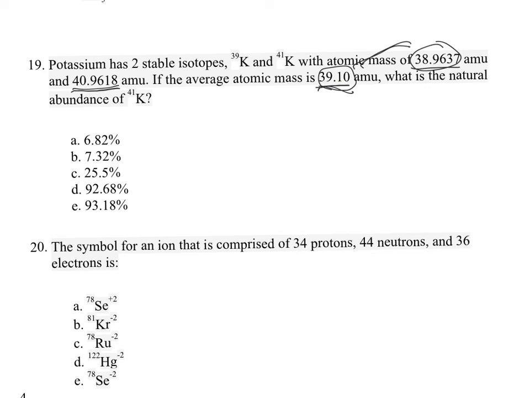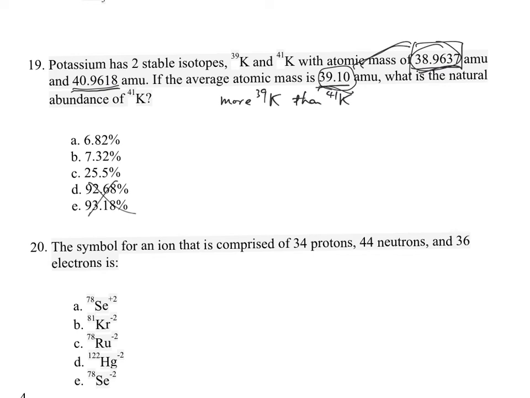Closer to that means what? This one is taking more weight in the weighted average. So there's more K-39 than K-41. And right there, that eliminates 2 answers for you. These 2 can't be possible.